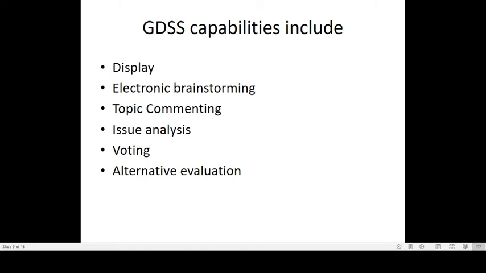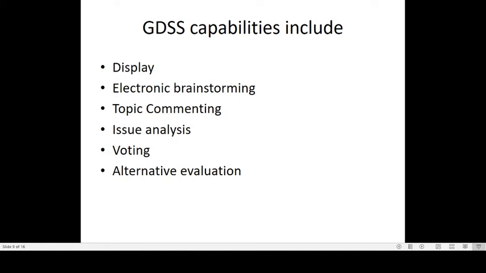Fourth one, issue analysis. Participants identify and consolidate key items generated during the electronic brainstorming. So they will identify the issues and it will be analyzed during electronic brainstorming, that is electronically when they are discussing.